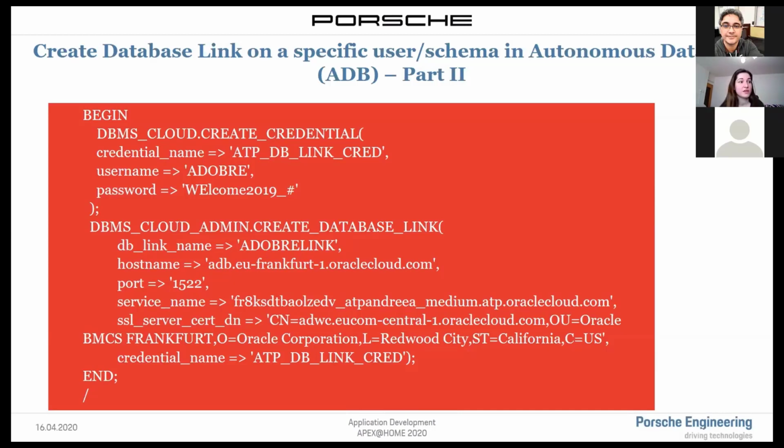The service name, in this case, I used ATP Andreea Medium, and the SSL server certificate, which I also found in my tnsnames.ora. So once all of these are done, we can move forward and start testing the DB link. I will do it afterwards while performing my demo, so you will be able to check that the DB link actually exists over there.